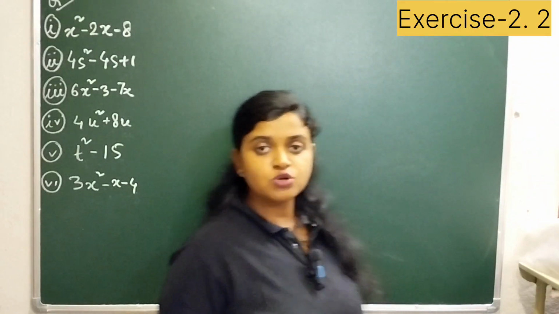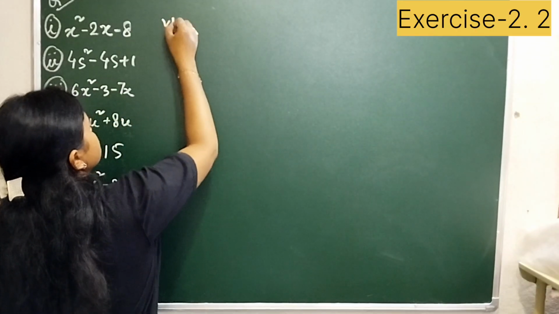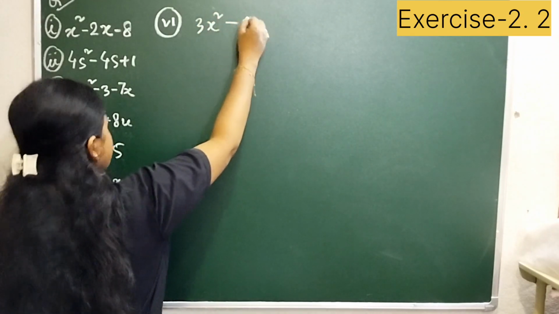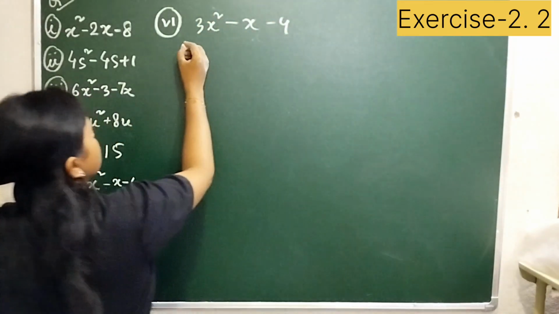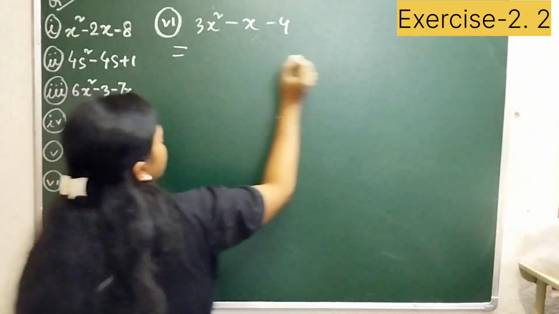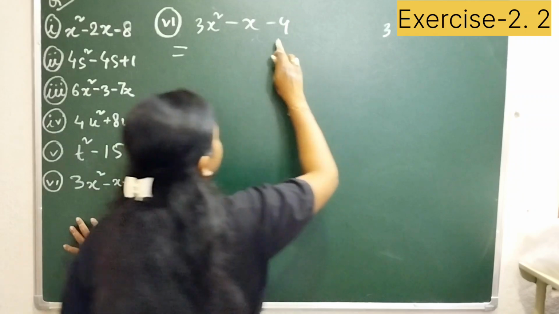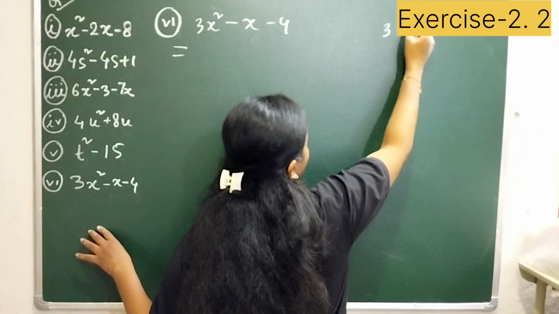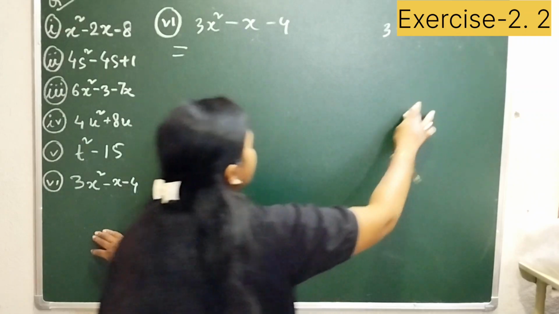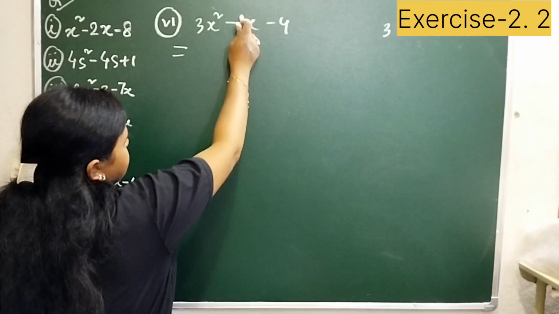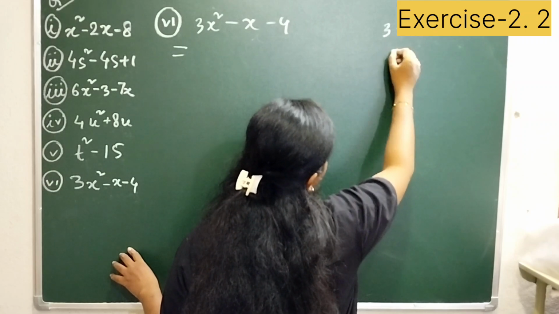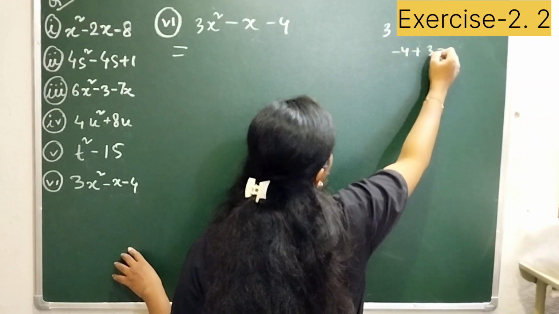Now let us discuss question number 6. It is 3x square minus x minus 4. First you have to factorize it. The coefficient of x square is 3 and the constant term is minus 4, so the product is minus 12. We have to manage the coefficient of x, that means minus 1. If I write minus 4 plus 3, we get minus 1.